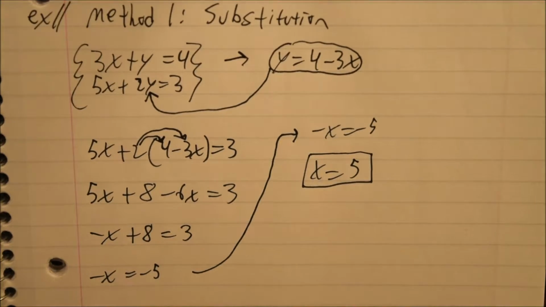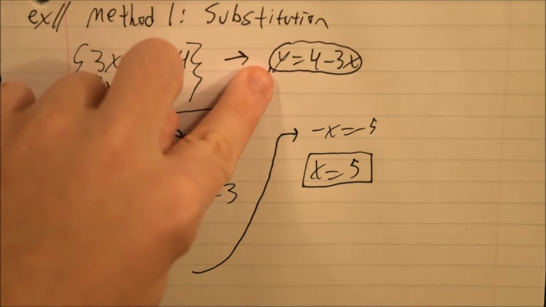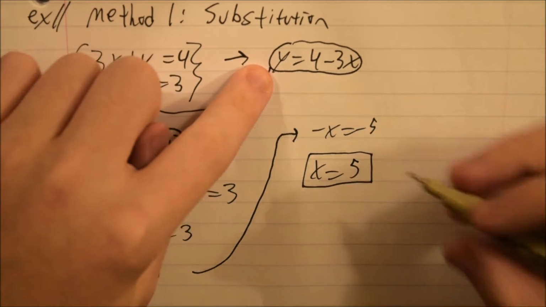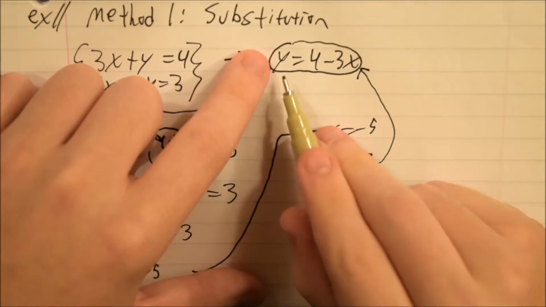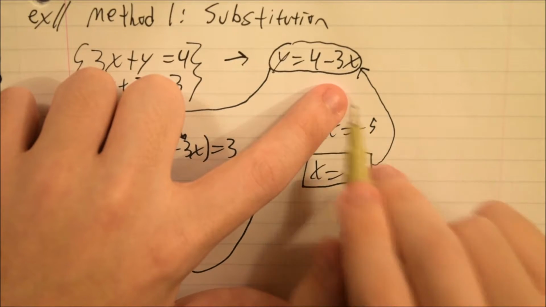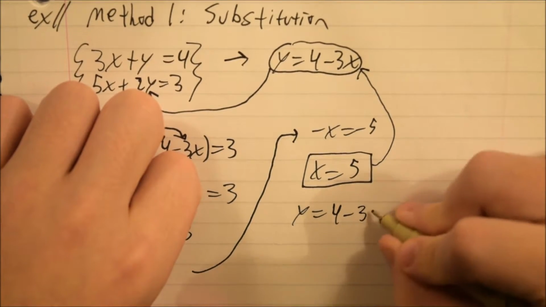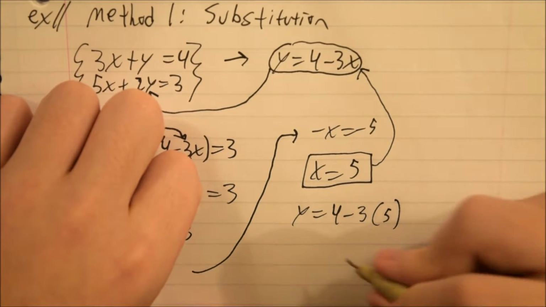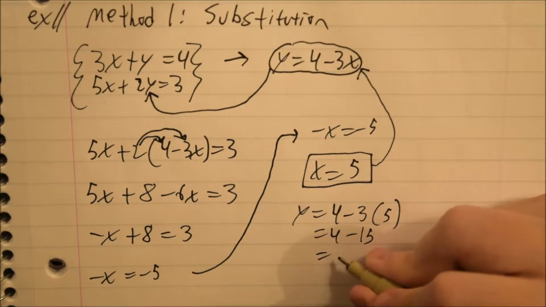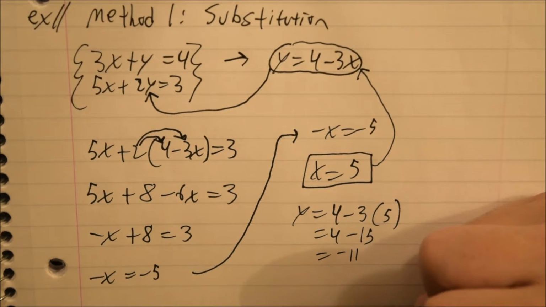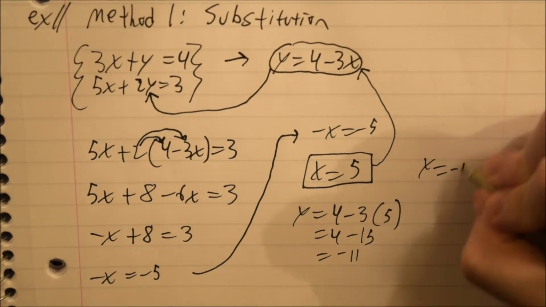That's part of my solution, but I still need to solve for y. I'm trying to solve for both variables here. Now I take this 5 and plug it in for x, because y is 4 minus 3x. So y equals 4 minus 3 times 5, which is 4 minus 15, which is negative 11. So y equals negative 11.